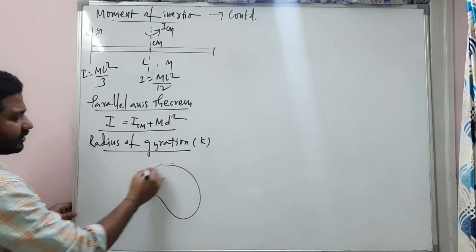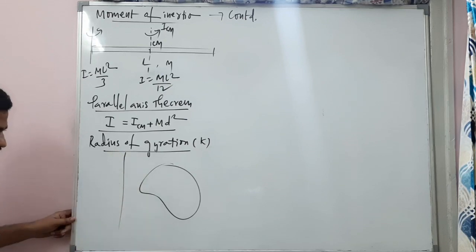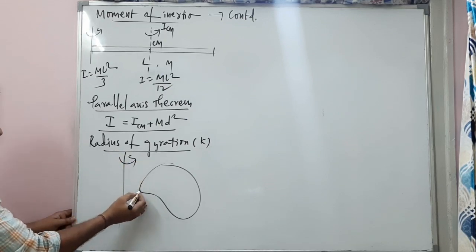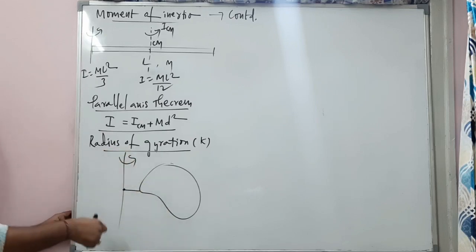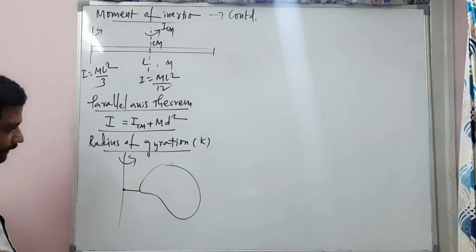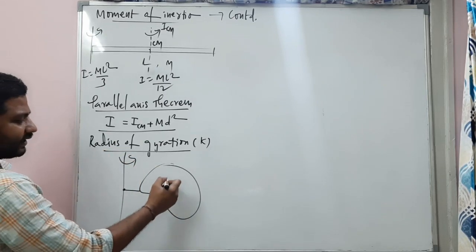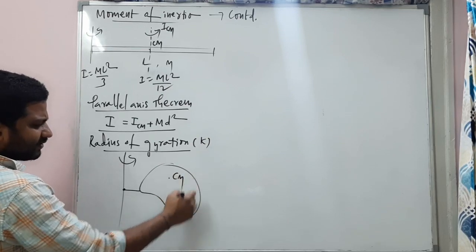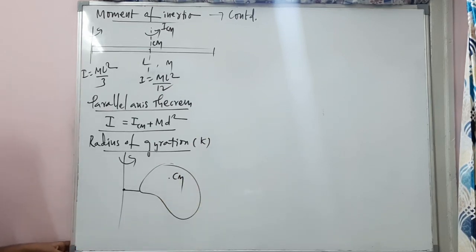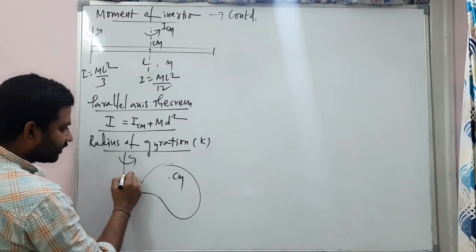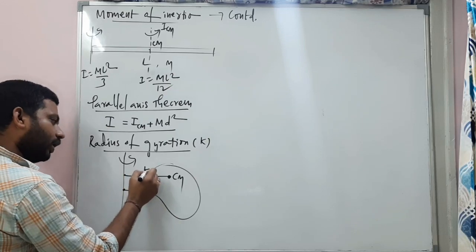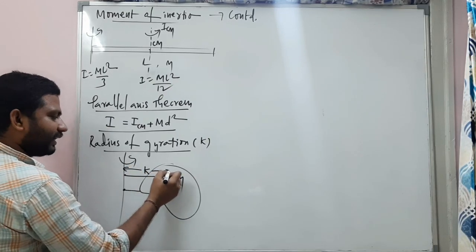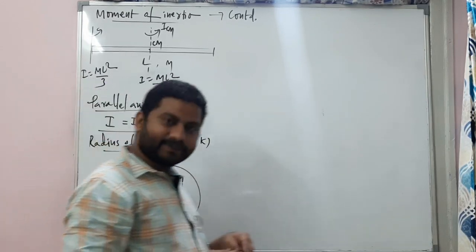Let's take this rigid body here, and this is the axis of rotation, and this rigid body is rotating about this axis of rotation. The rigid body will have a center of mass, right? So imagine this is the center of mass point. From the axis of rotation, the perpendicular distance to the center of mass point is called K, the radius of gyration. See how simple it is.